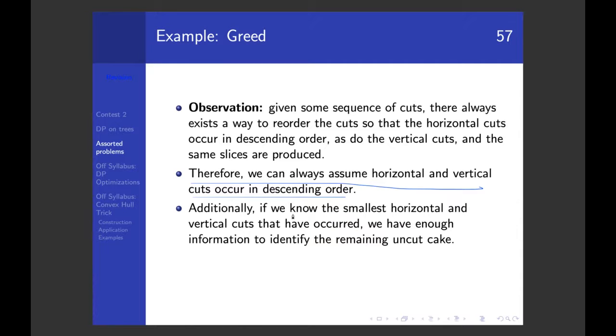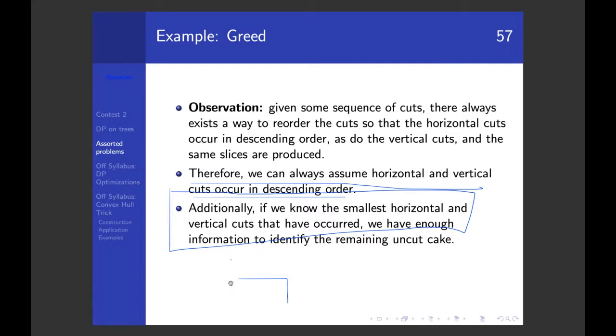It also means, and this is a different observation here, that if we know the smallest horizontal and vertical cuts, and by smallest I mean the first one up here and also the first one along here, then we have enough information to identify the remaining uncut cake. This way around, actually, sorry, my bad.